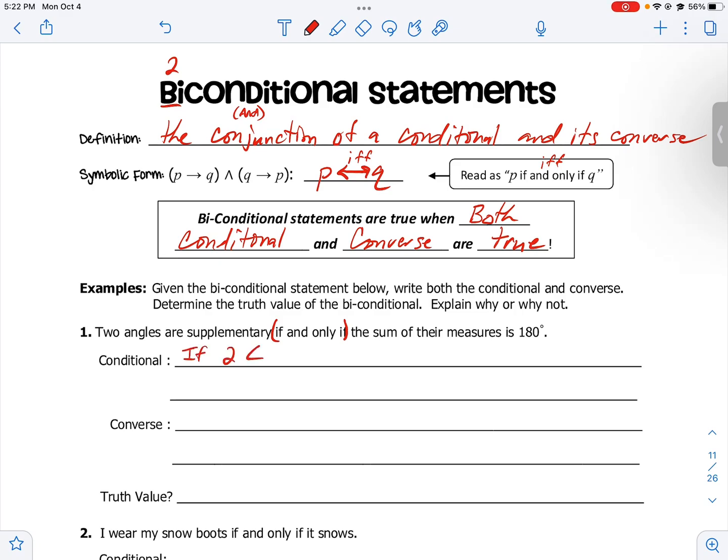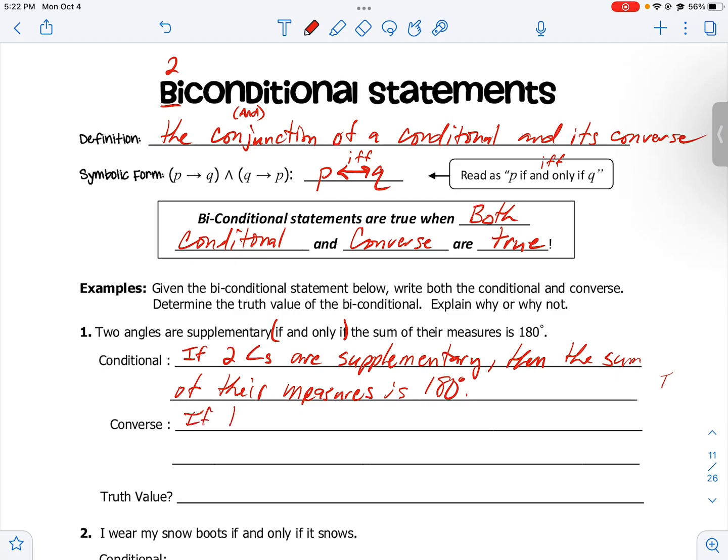So the conditional would be: if two angles are supplementary, then the sum of their measures is 180 degrees, which is true.